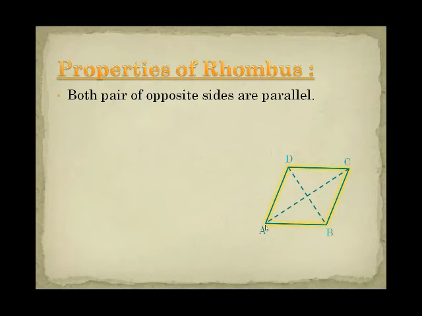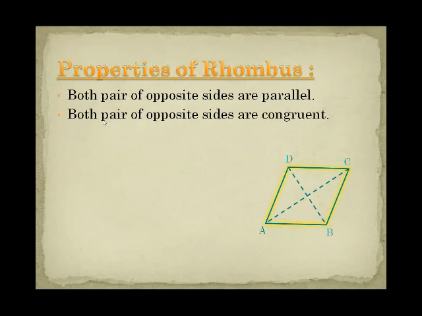As you see, students, side AB and side CD are opposite sides, so they are parallel to each other. And side AD and side BC are also opposite sides and parallel. So this property is the same as the parallelogram. Second property, both pairs of opposite sides are congruent.